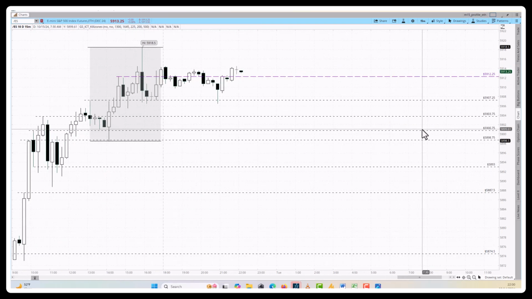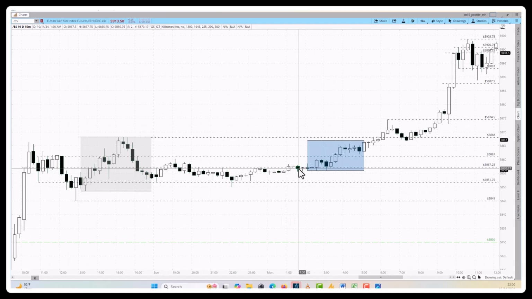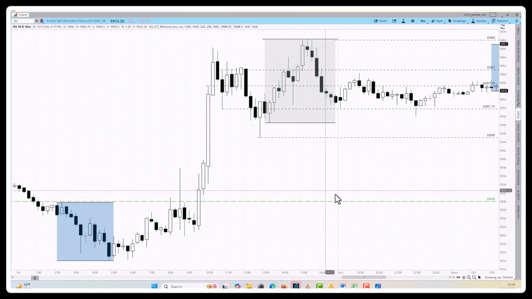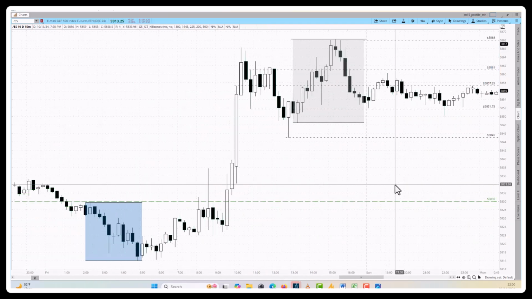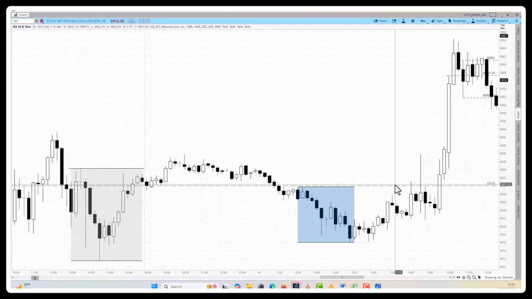The same right here, similar right here. Yeah, so the same as yesterday, you let it run. Today the same. But the tricky part is that yesterday it started in the range.